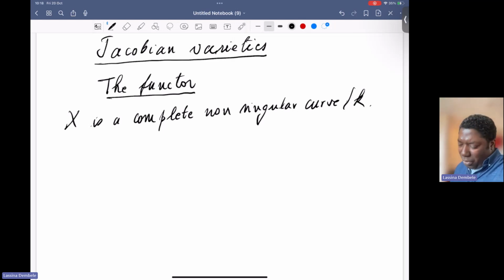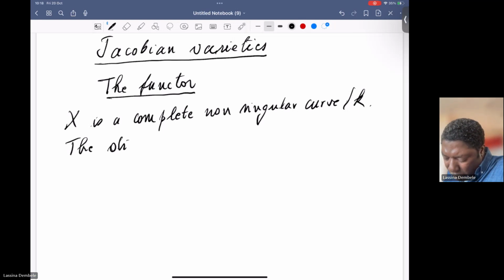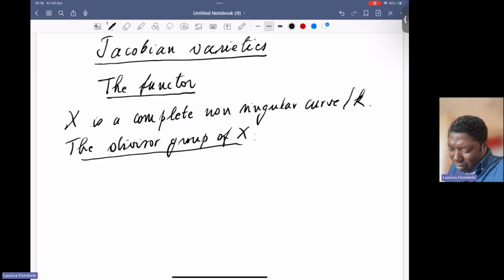And then, if you remember the divisor group, the divisor group of X is defined as the formal sums, denoted Div(X).